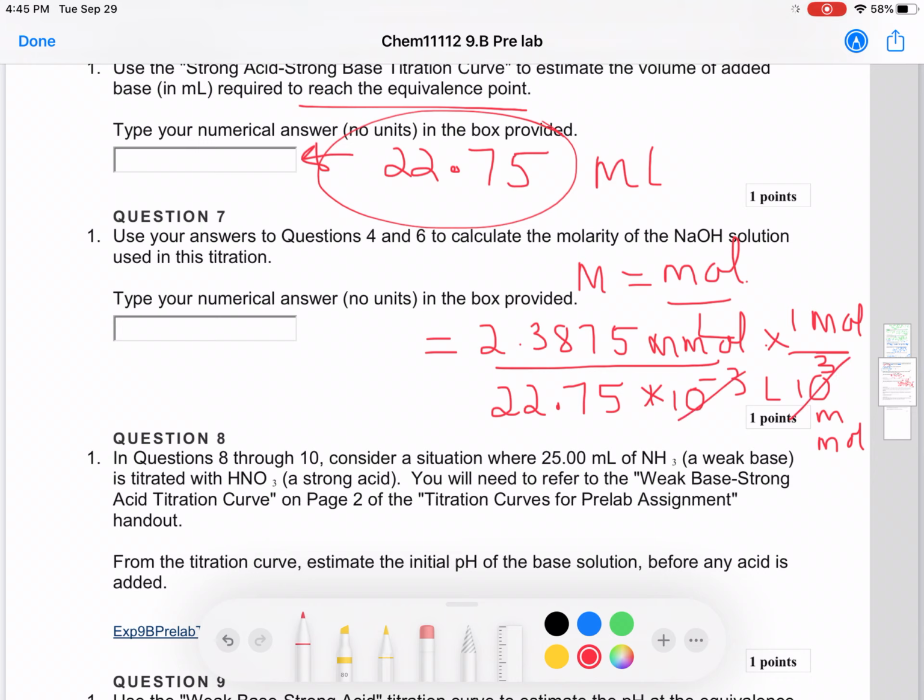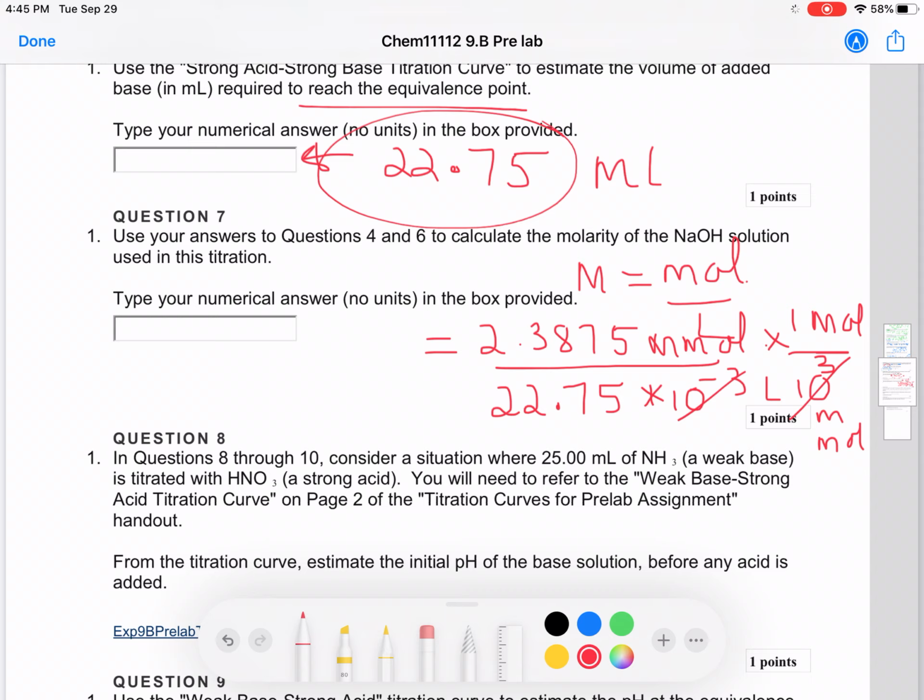This can get cancelled, 10 to the negative 3, 10 to the positive 3. So 2.3875 over 22.75 will give you the answer, which is going to be the molarity of your sodium hydroxide. Okay? Yeah, so you can write that down in question 7.